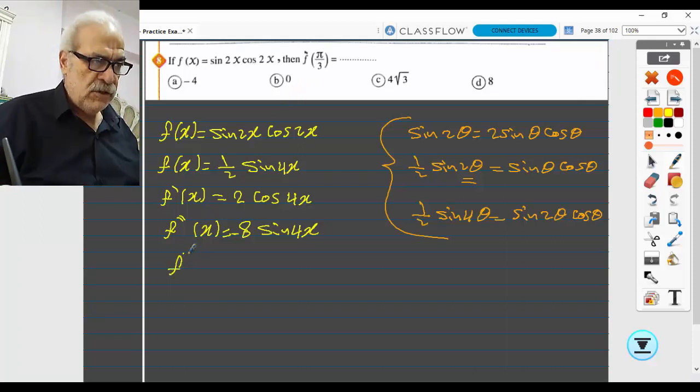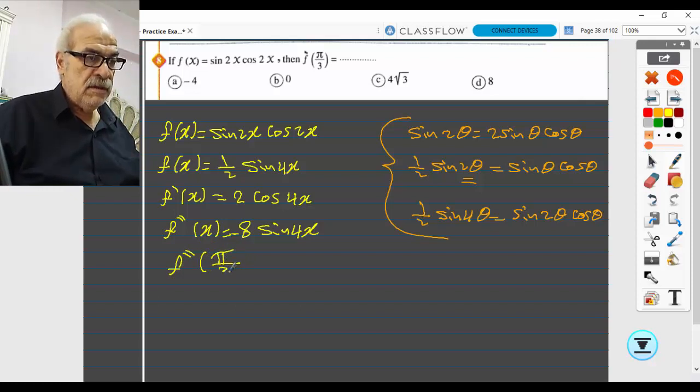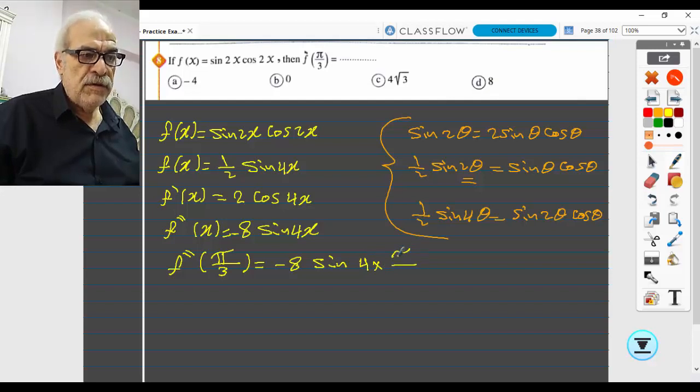The required here is to find f double dash of pi over 3. So f double dash of pi over 3 equals negative 8 sine of 4 multiply pi over 3.